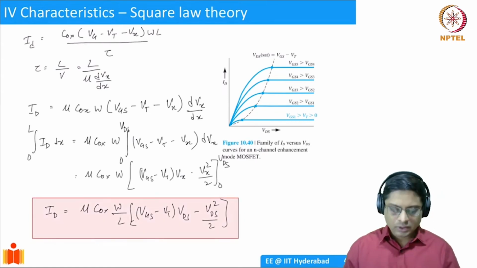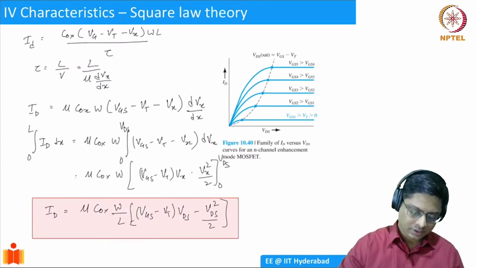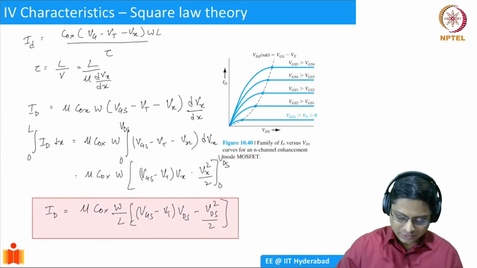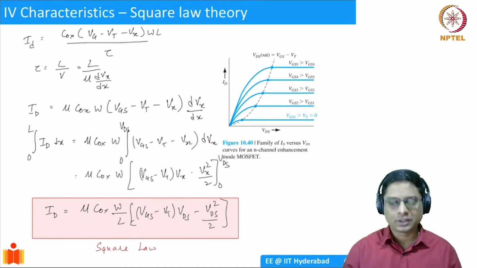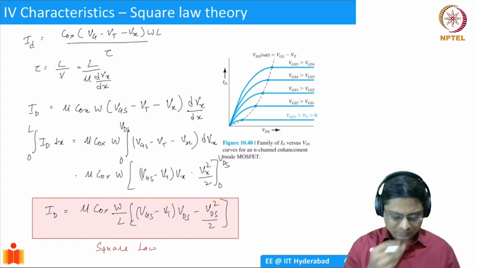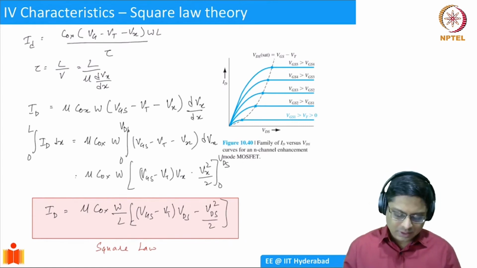So this is the square law current. In square law theory, what it tells you is that current varies as the square of voltage. There's a small correction here.